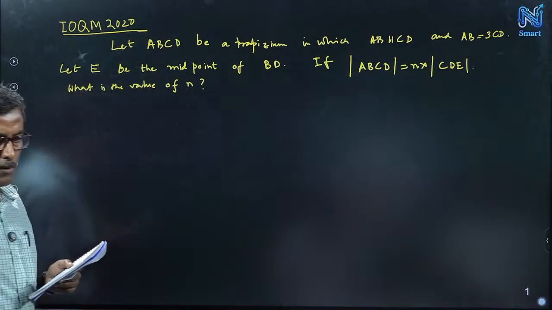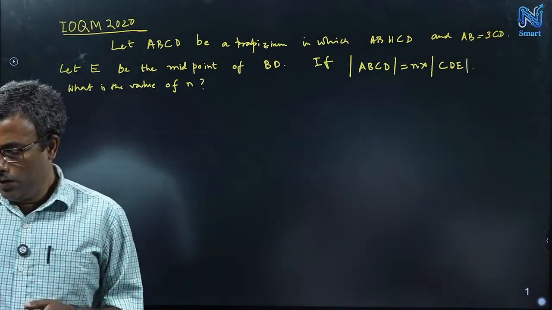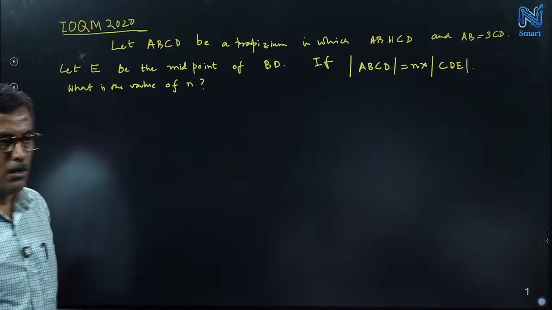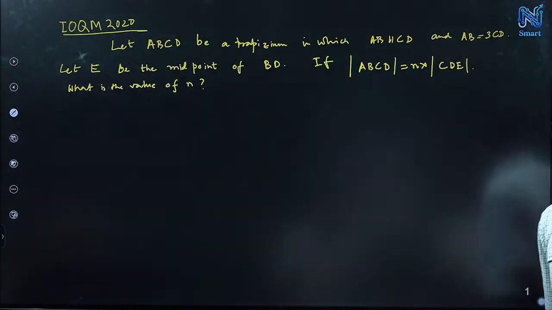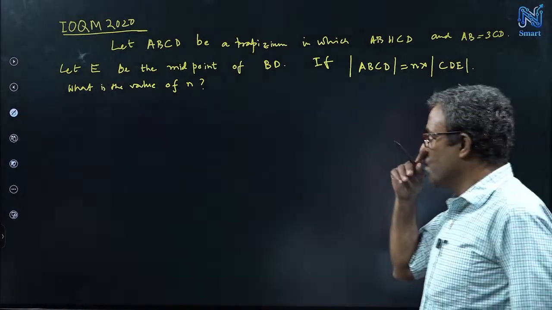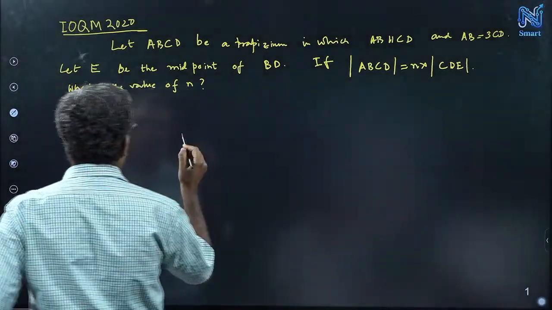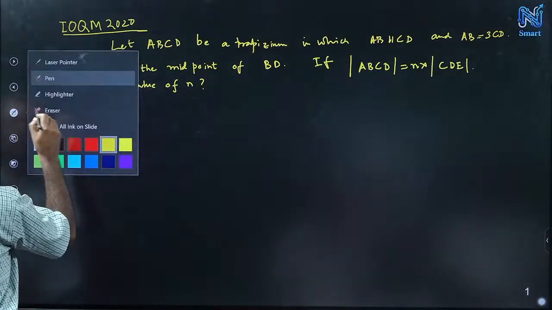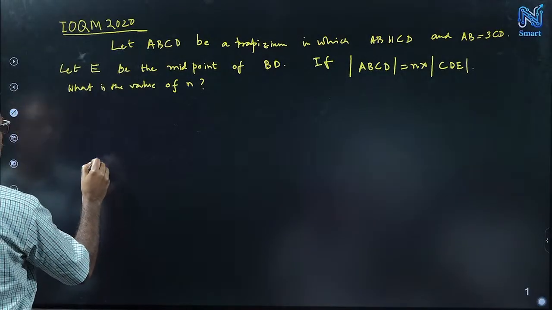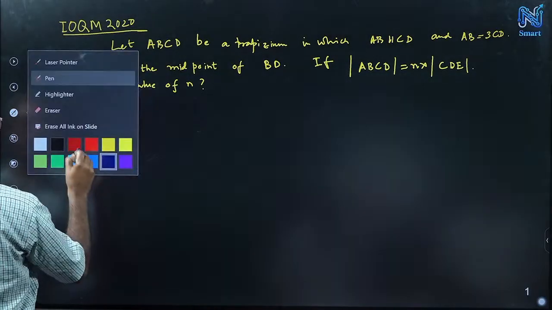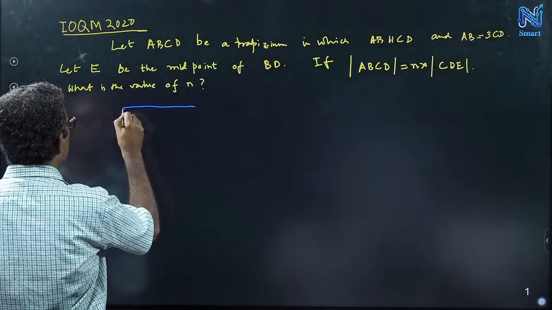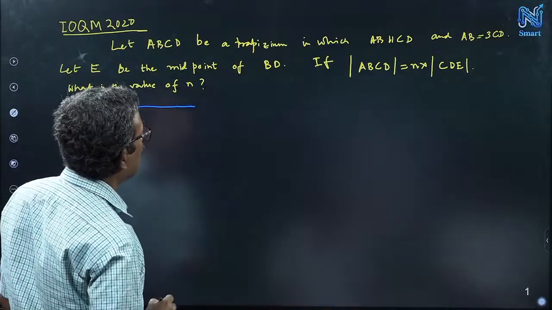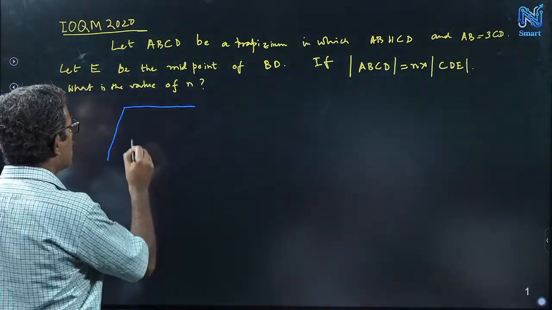So, this is the problem. First try to understand the problem and then draw a figure. ABCD is a trapezium in which AB is parallel to CD.